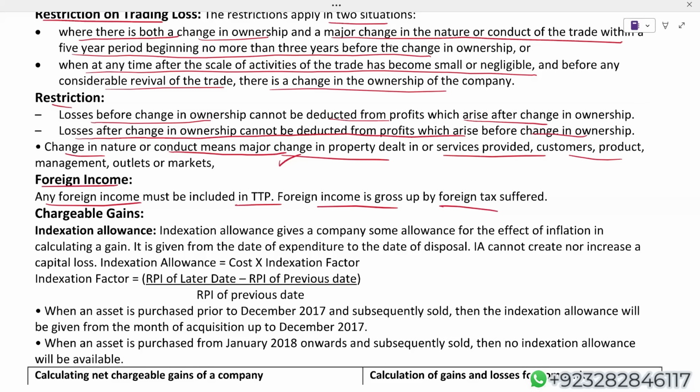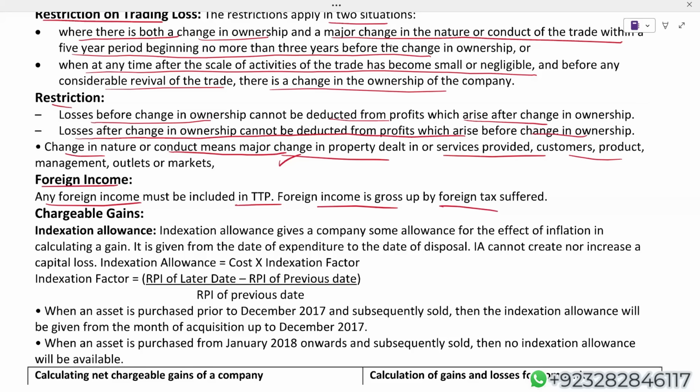Okay, chargeable gain. Students, when it comes to chargeable gain, you just need to know one thing. In the case of corporations, there is a concept of indexation allowance, but indexation allowance is only available on assets that, number one, are chargeable, and second, were bought before December 17.